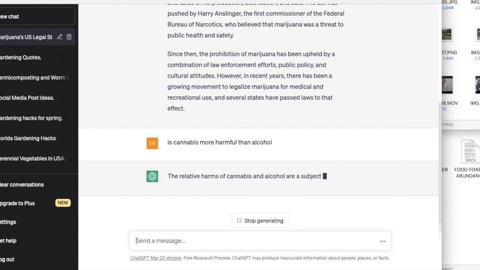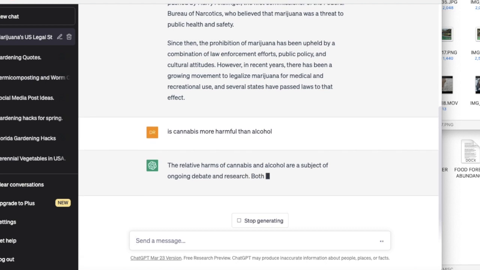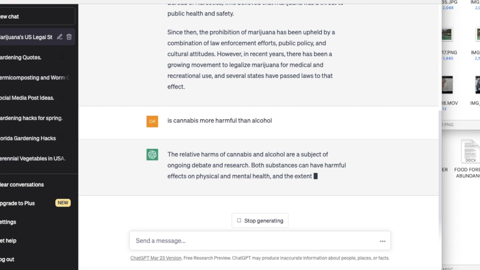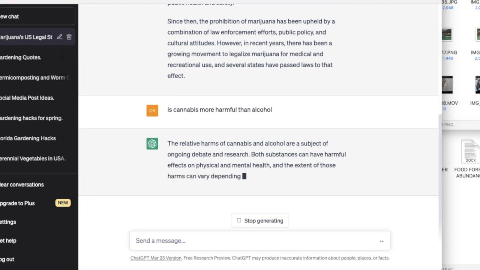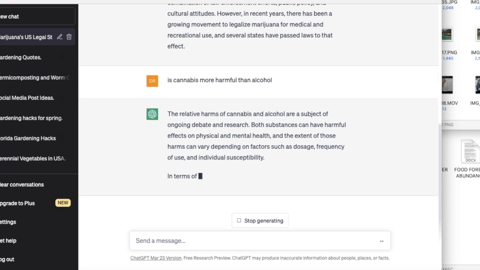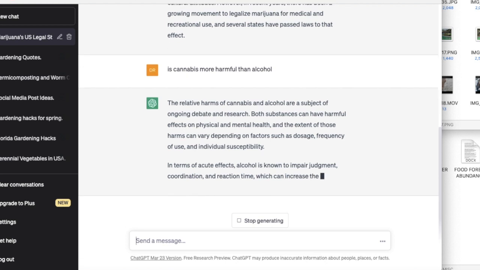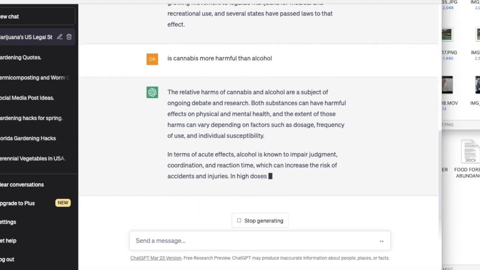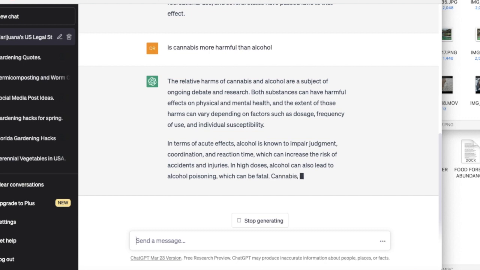The relative harms of cannabis and alcohol are a subject of ongoing debate and research. Both substances can have harmful effects on physical and mental health, and the extent of those harms can vary depending on factors such as dosage, frequency of use, and individual susceptibility. In terms of acute effects, alcohol is known to impair judgment, coordination, and reaction time, which can increase the risk of accidents and injuries.